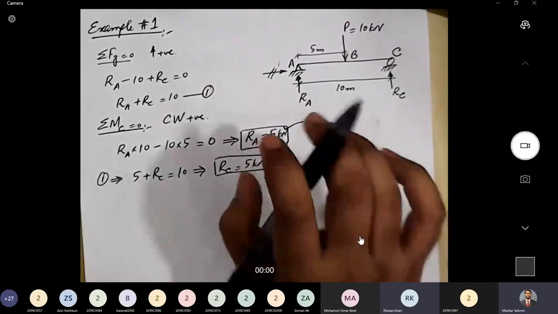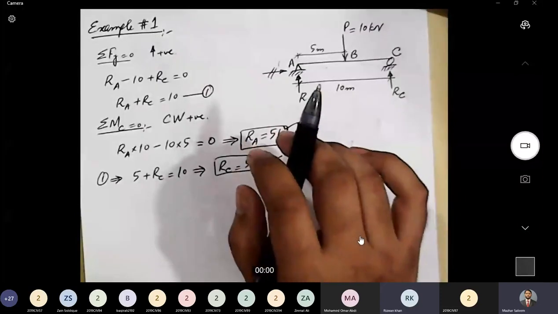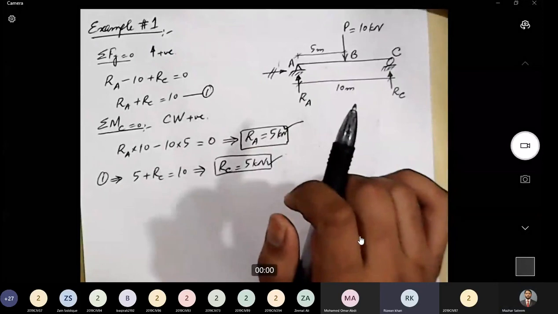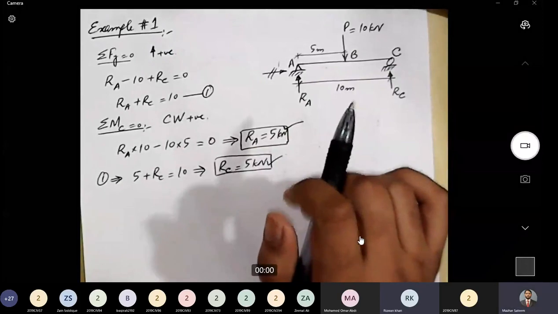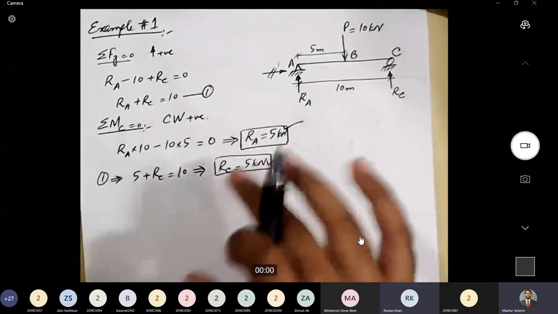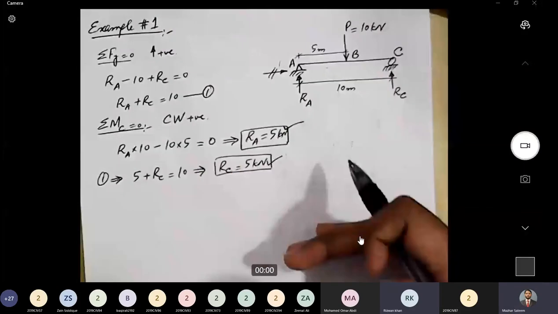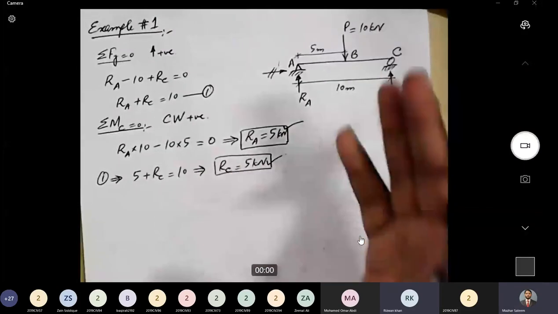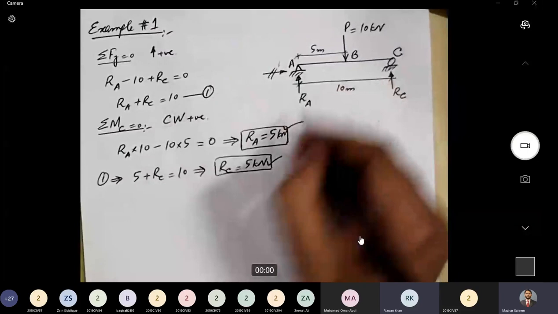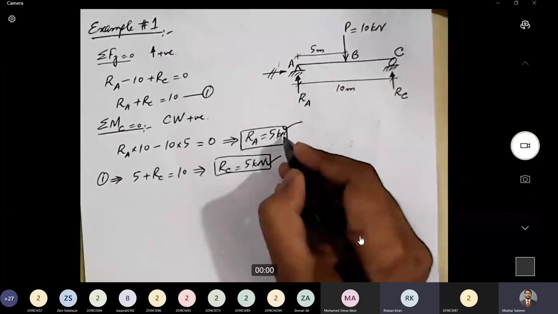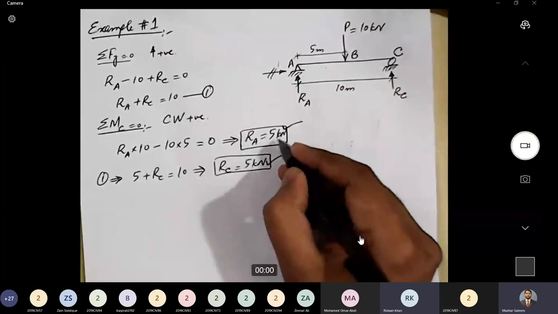That's all. Okay. Sir, in that case, if our assumed direction is wrong, then we will take the other one. If the assumed direction comes out to be negative, then while drawing the shear force diagram and bending moment diagram, we will incorporate that. Supposedly, my answer for RA had come -5.